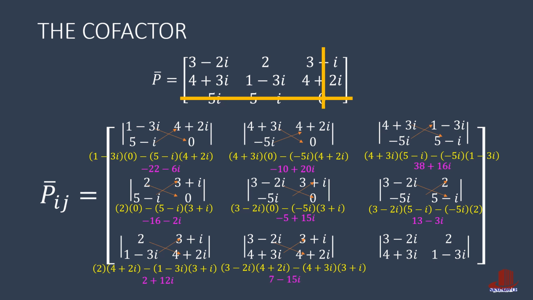Simplify the difference to 7 minus 15i. The last element in the row has a determinant from 3 minus 2i times 1 minus 3i, less the product of 4 plus 3i and 2, which is simplified as negative 11 minus 17i.